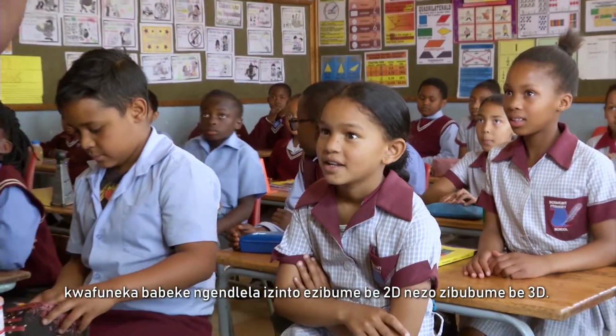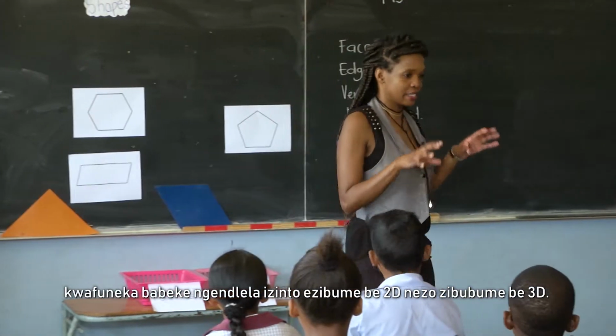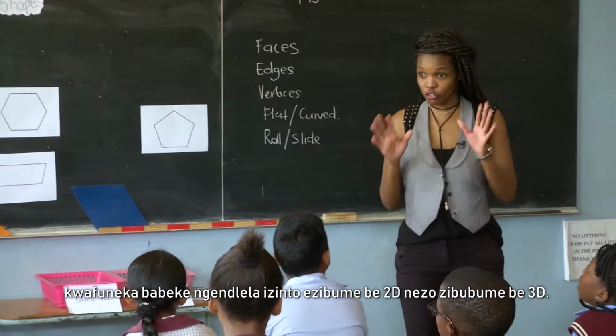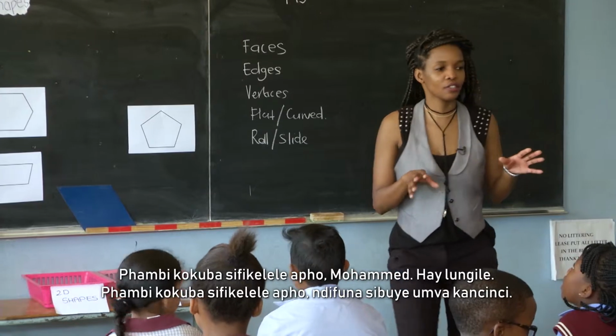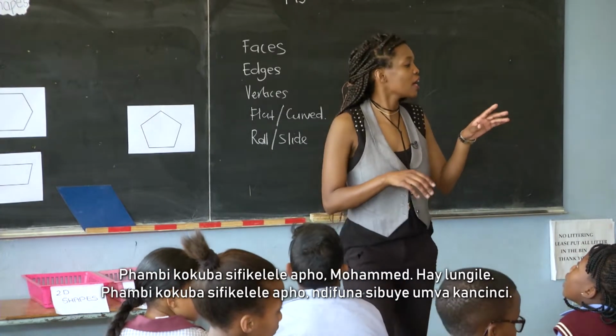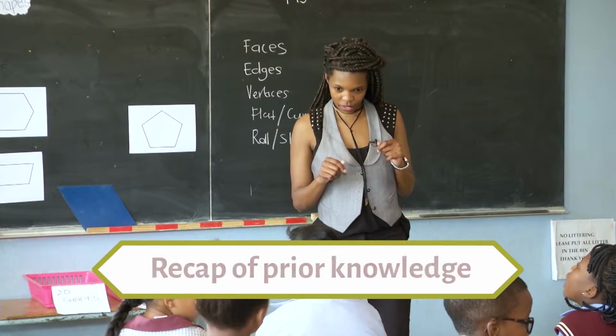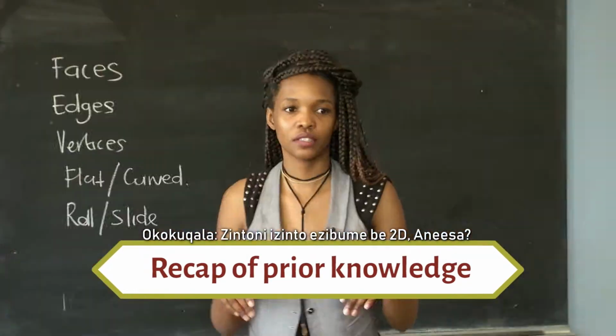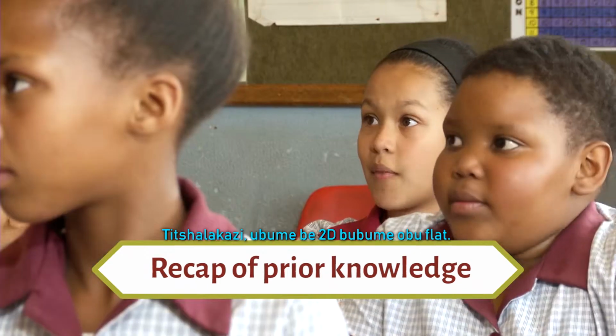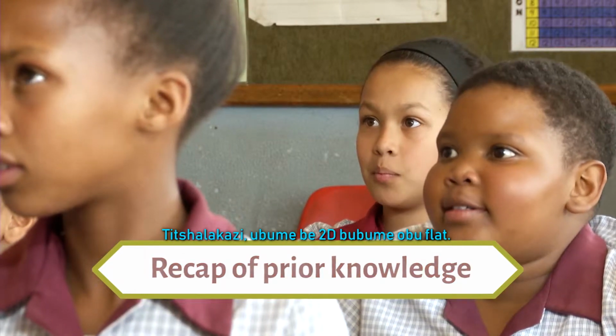We are going to be focusing on 3D objects. Before we get there, I just want to take us a bit back. So firstly, what are 2D shapes? Anissa? Ma'am, a 2D shape is a flat shape.